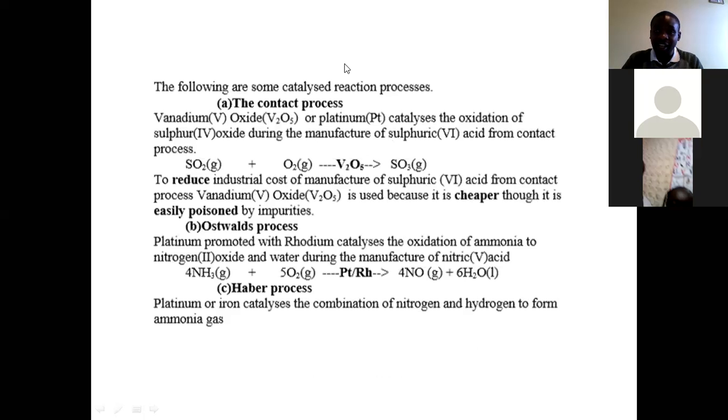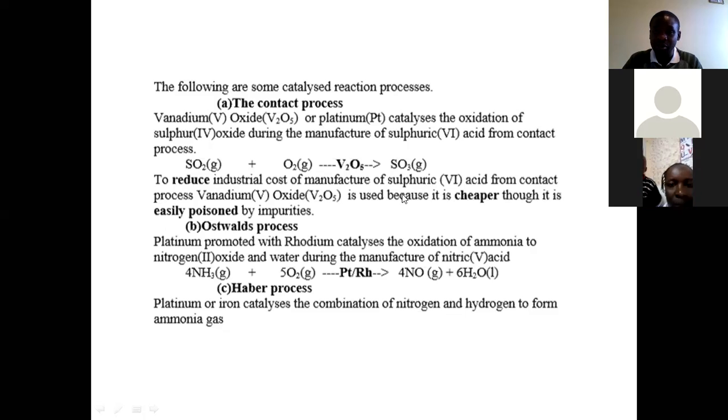Some catalyzed reactions we have are like the contact process, where the catalyst used is vanadium(V) oxide or platinum. But platinum is a bit expensive and susceptible to impurities. Therefore, vanadium(V) oxide is most preferred. To reduce the industrial cost of manufacturing sulfuric acid, a catalyst is used.